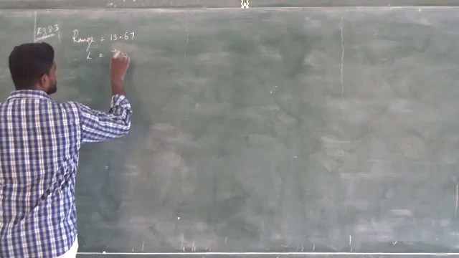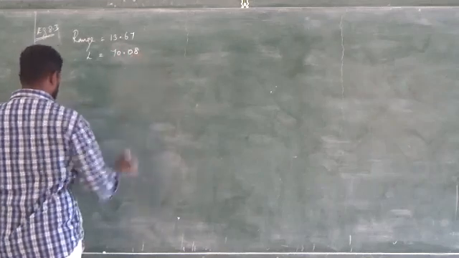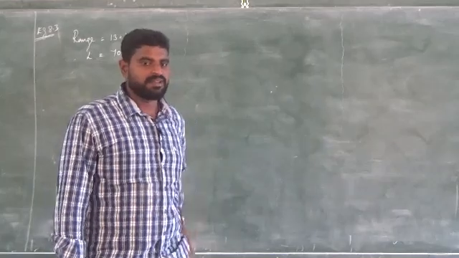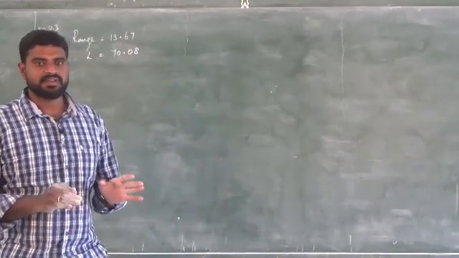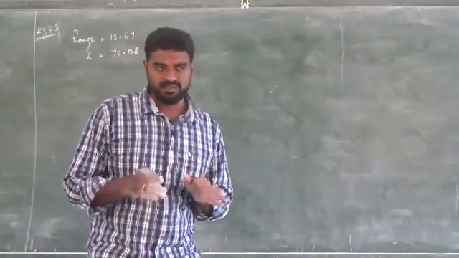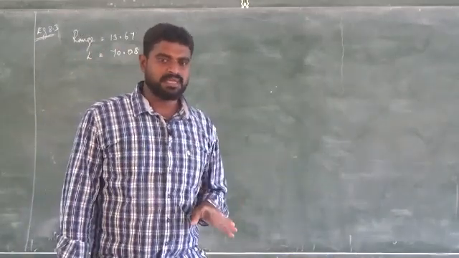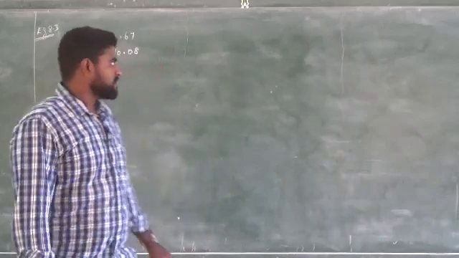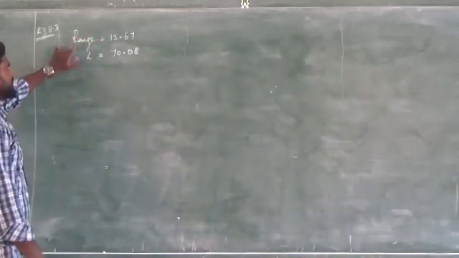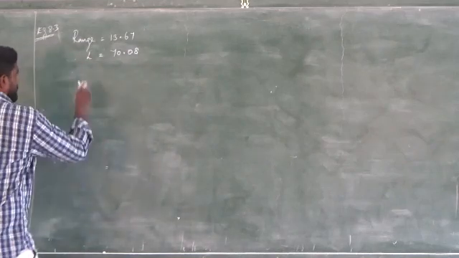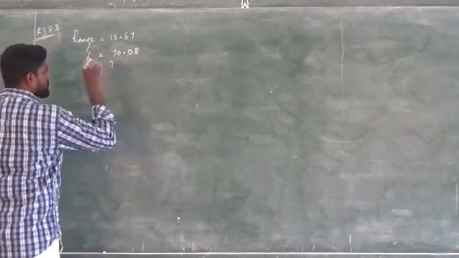Largest value is 70.08 and we need to find the smallest value. Usually they will give the data, and from the data we find the smallest and largest value, and using them we find range and coefficient of range. Here, they directly give the range value and the largest value. We need to find the smallest value.